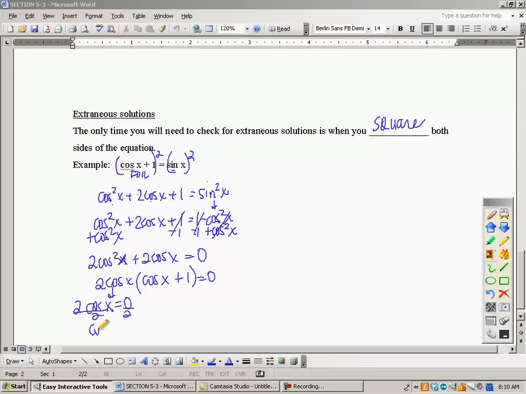When I divide by 2, we're still saying the cosine equals 0. Well, where does the x value equal 0? It equals 0 at pi over 2 and 3 pi over 2, because those are the x values.